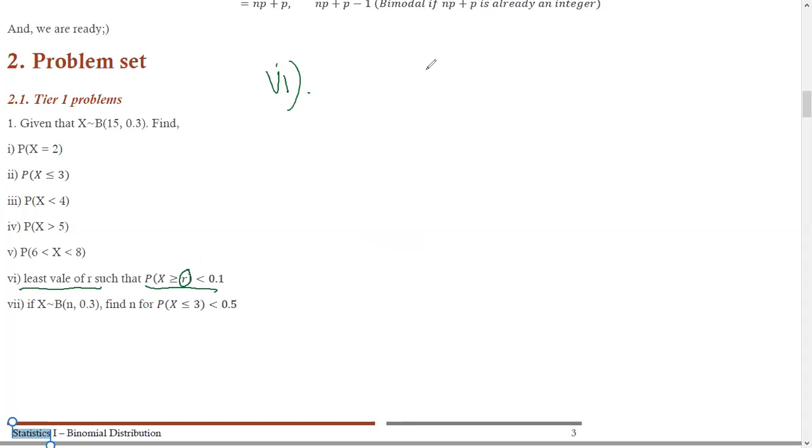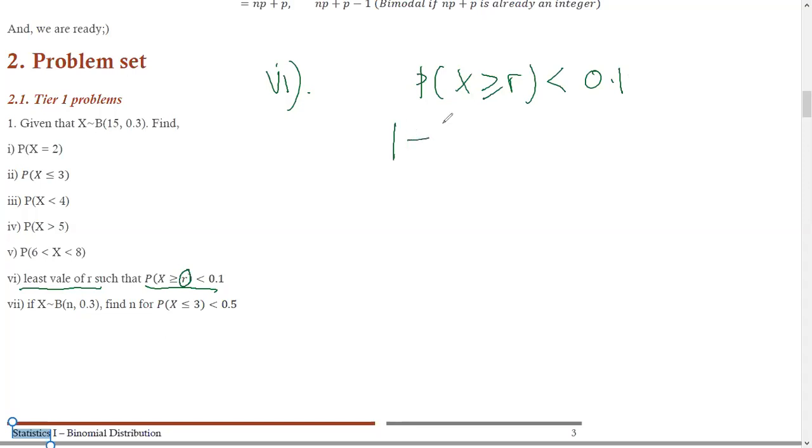We start off with P(X ≥ r) ≤ 0.1. Firstly, to solve this, we need to change this into your DRV format. Is this a DRV format? No, this is not DRV format. So how are we going to change it to DRV format?